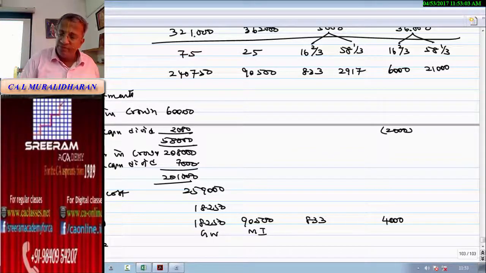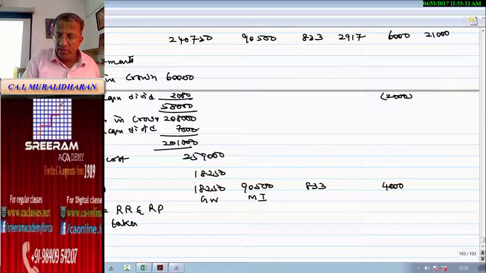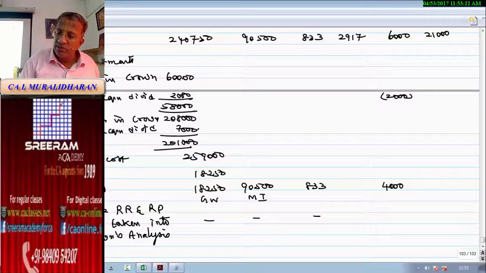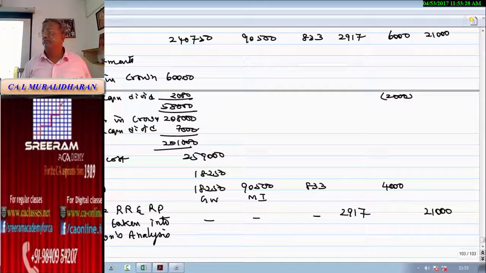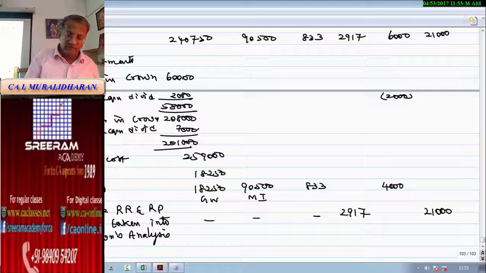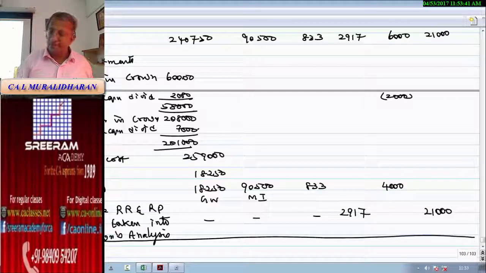Share of revenue reserve and revenue profit to be taken into Brown's analysis. Dash dash dash. How much is that? 2,917 and 21,000. Share of revenue reserve and revenue profit to be taken into Brown's analysis. Correct?